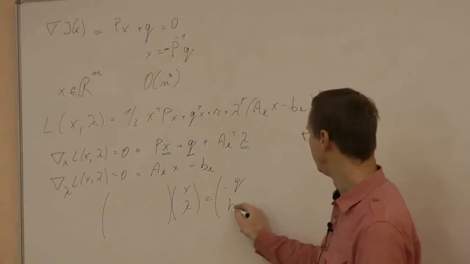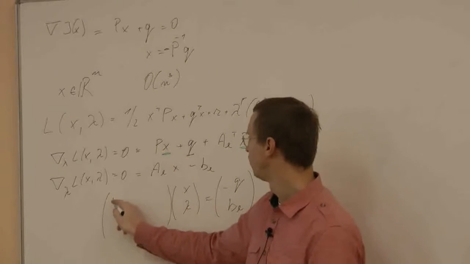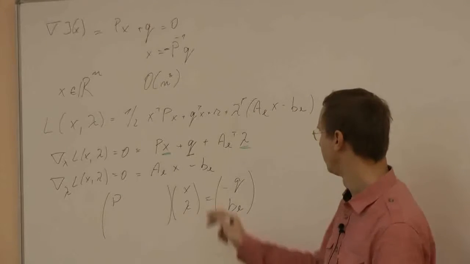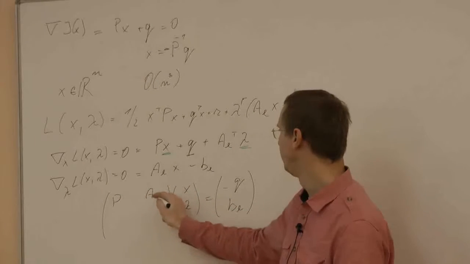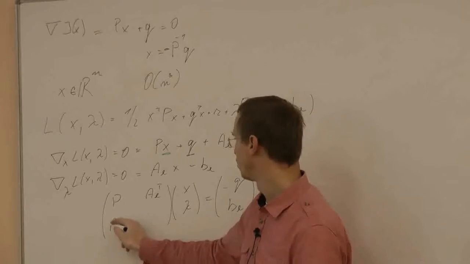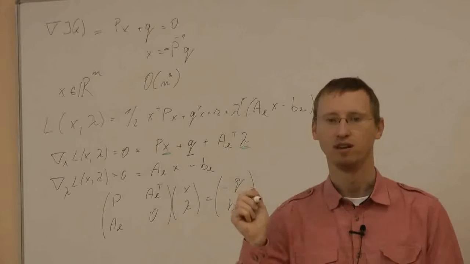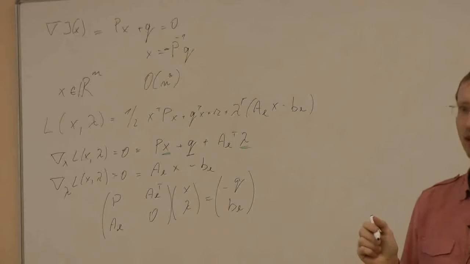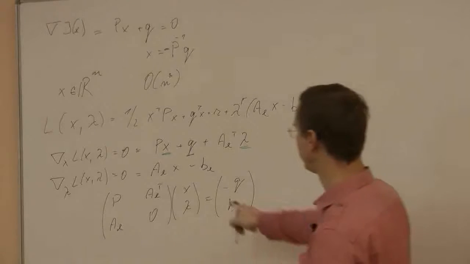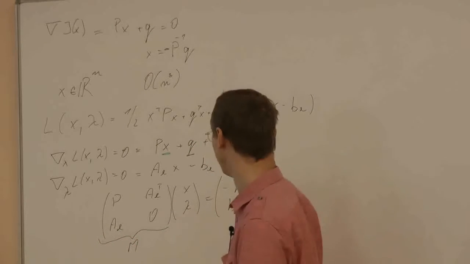Here the constant is BE. So what we have here is P as the multiplier of X, and AE transposed as the multiplier of lambda. And here we have just the constraints, and here we have 0. We know that that 0 is in fact a 0 matrix. Okay? And now to solve for X and lambda, it just means to invert this matrix, call it capital M.